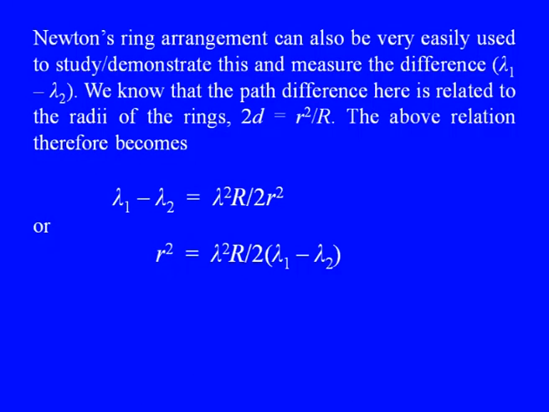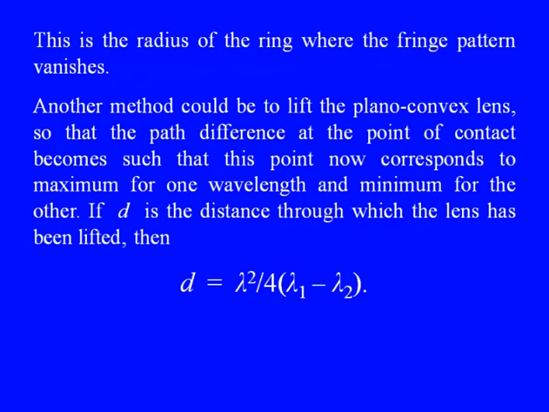So, the above relation therefore becomes lambda 1 minus lambda 2 is equal to lambda square times capital R divided by 2 r square, or in terms of r square, r square is equal to lambda square capital R divided by twice lambda 1 minus lambda 2. So, this relation gives the radius of the ring where the fringe pattern vanishes.